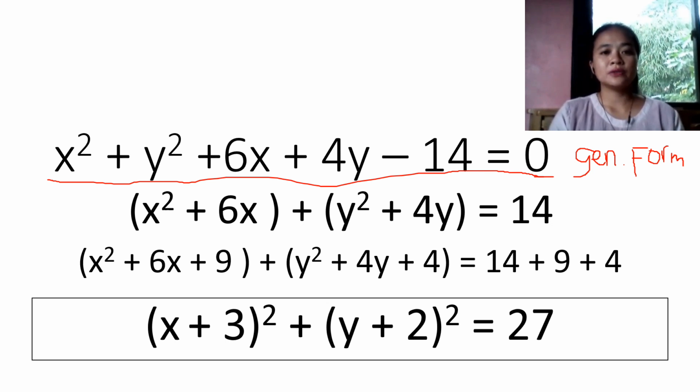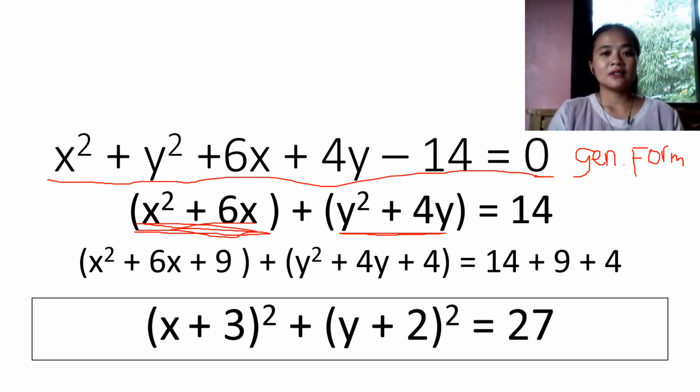So what are we going to do? Combine the terms with similar variables, which are x squared plus 6x, and then y squared plus 4y, is equal to 14. We transpose negative 14 to the right side of the equation, which becomes 14.